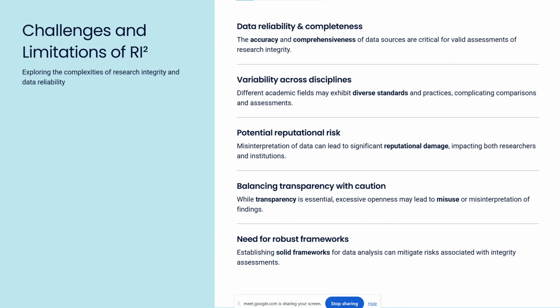Now let's discuss the challenges and limitations. As you guys know, everything works on the capital part, the money and funding part. If COPE and other reputed publishers introduce this RI value or database to calculate all these things, then definitely it will damage the reputation of institutions, right?